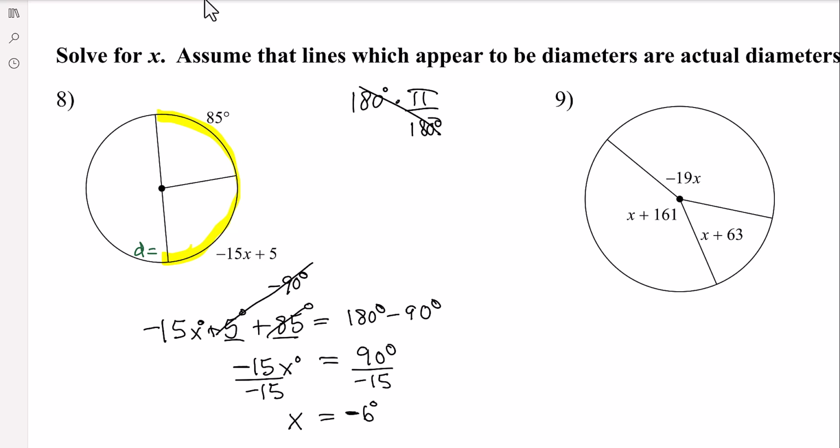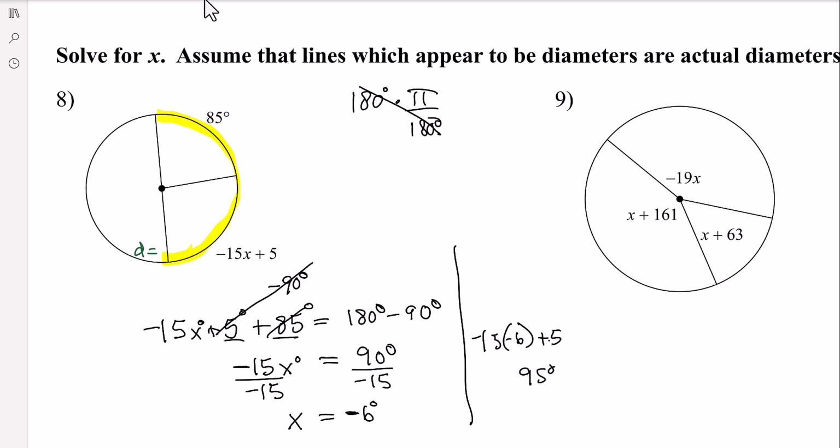And then you have to do the check. So negative 15 times negative 6, in degrees, plus 5. Well, that's negative times negative, positive 90, plus 5.